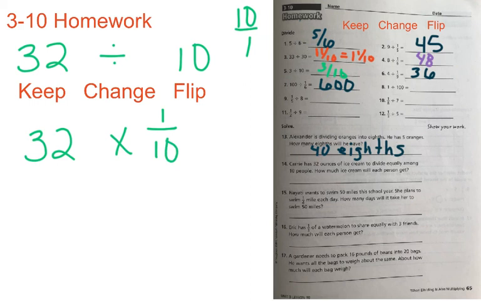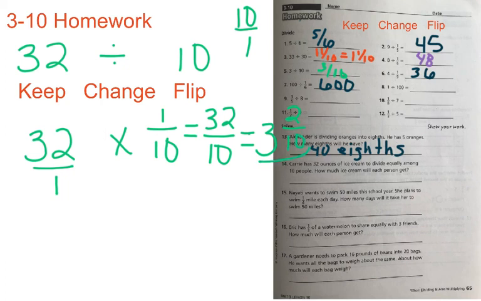Now in order to write 32 as a fraction, I just need to write it over 1. 32 times 1 is equal to 32. And 10 times 1 is equal to 10. I'm left with an improper fraction, and I know that 10 can go into 32 3 times because 10 times 3 is equal to 30. So it can go in 3 times. I'm left with a remainder of 2, and I write it over my original denominator, which is 10.